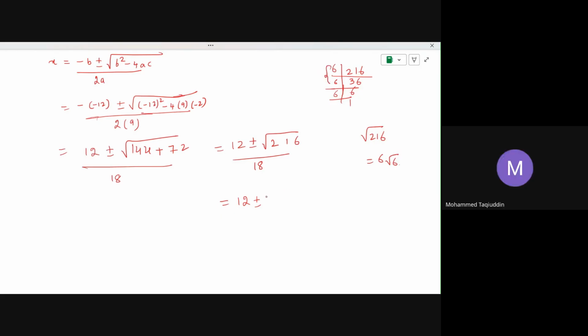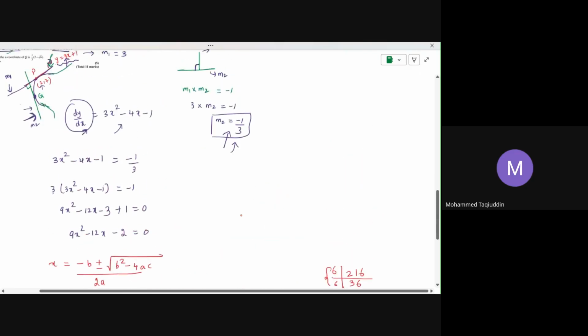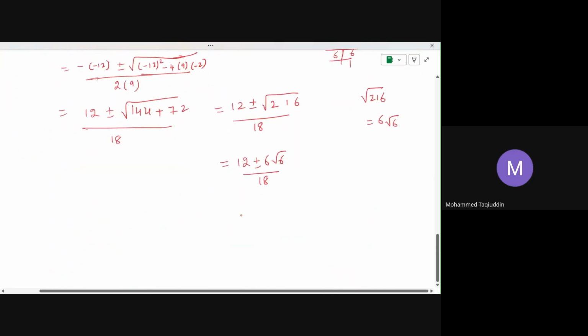So 6 root 6 upon 18. I can take 2 common. I'm getting 2 plus or minus root 6 upon 18, and 6 over 18 is 1 over 3.